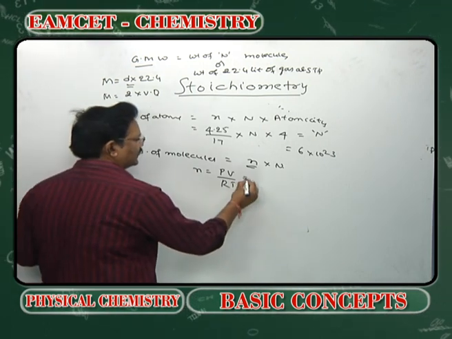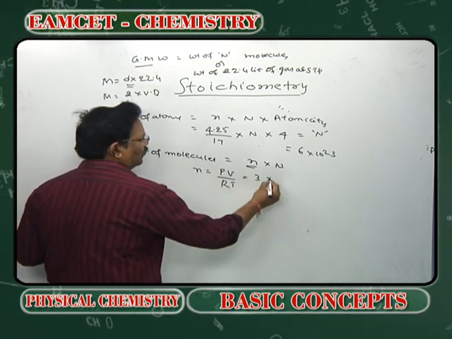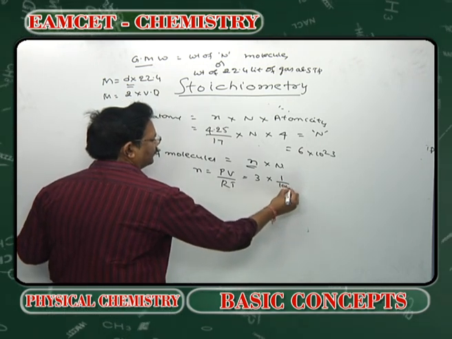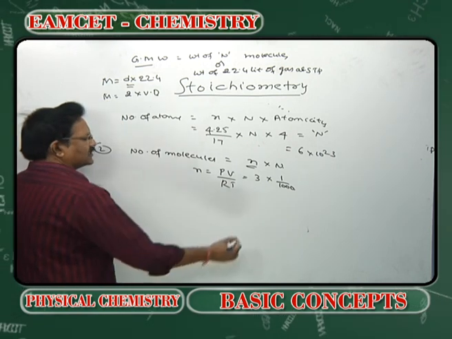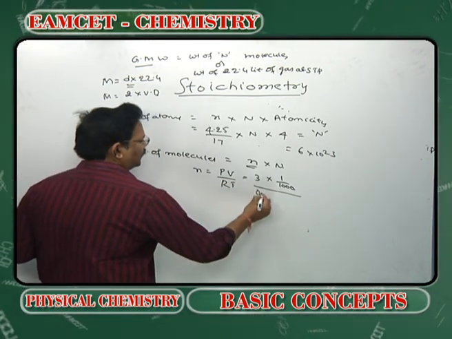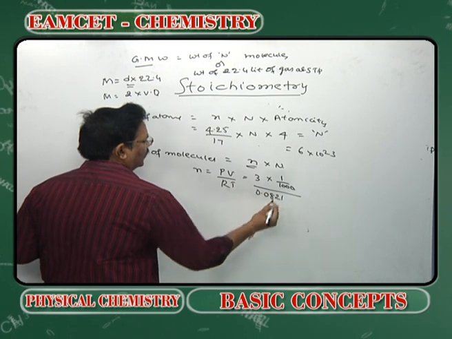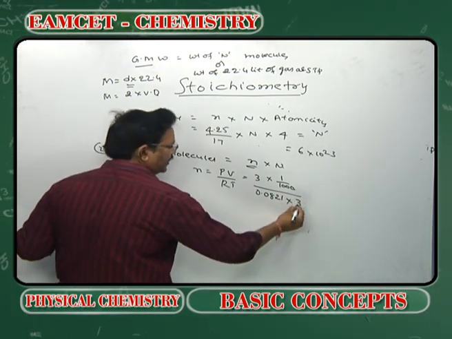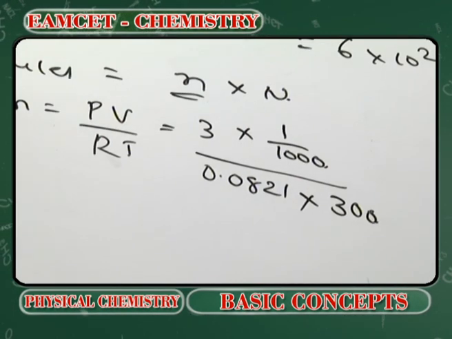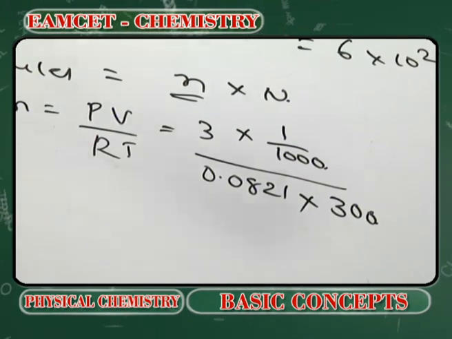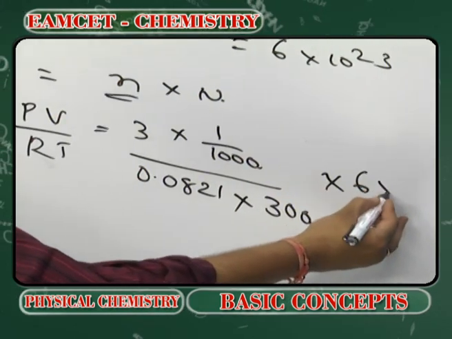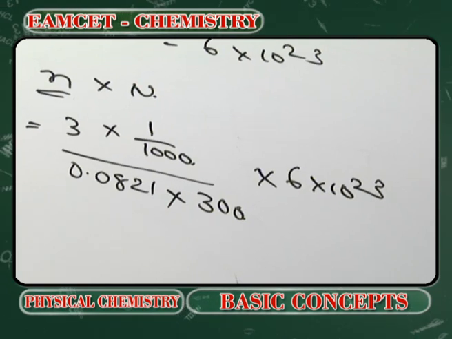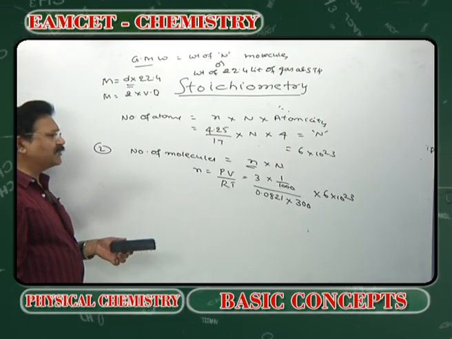P is 3 atmospheres. Volume is 1 ml, that is 1 by 1000 liters. R value is 0.0821 into temperature. The temperature is 27 degrees centigrade, 300. This is n. Multiply with 6 into 10 to the power of 23 to get the total number of molecules. So the answer is choice number 3.